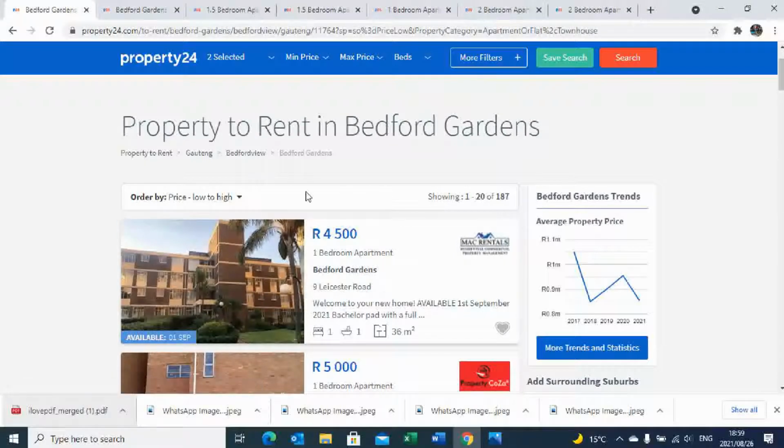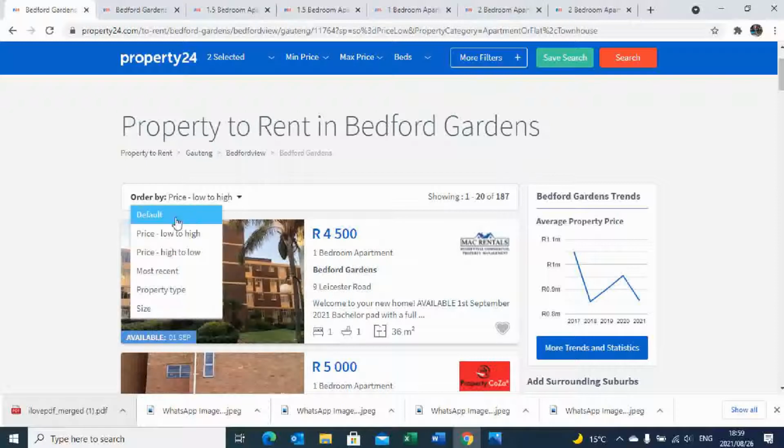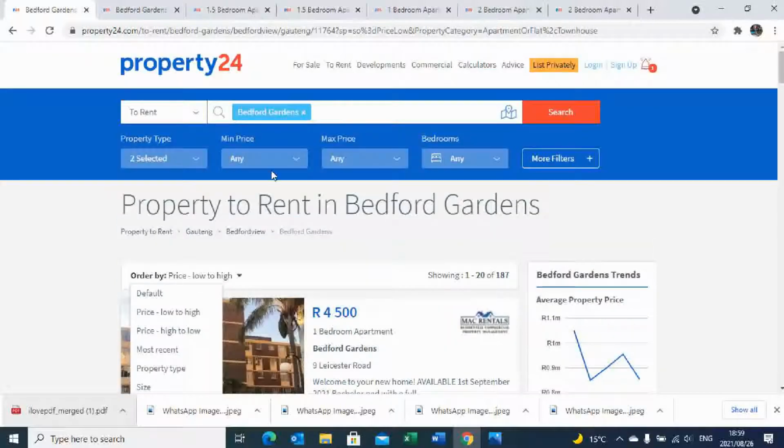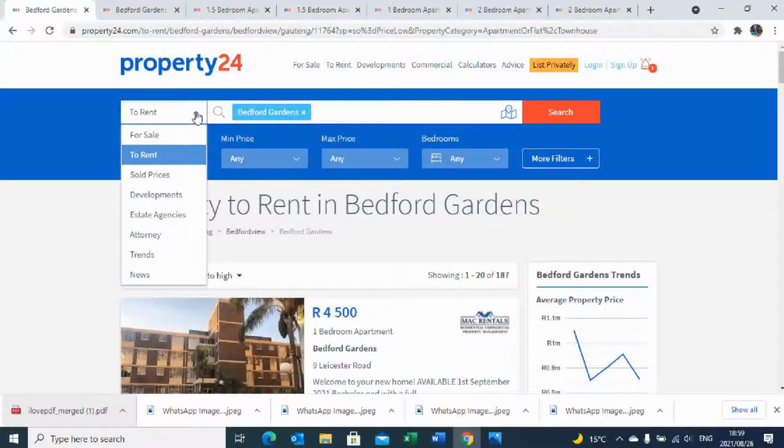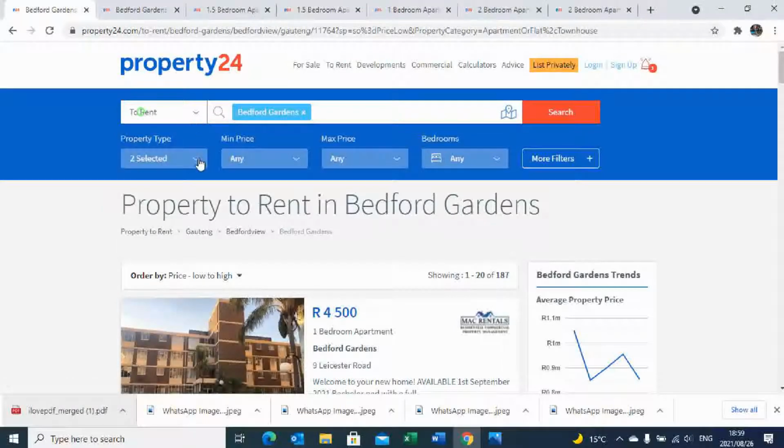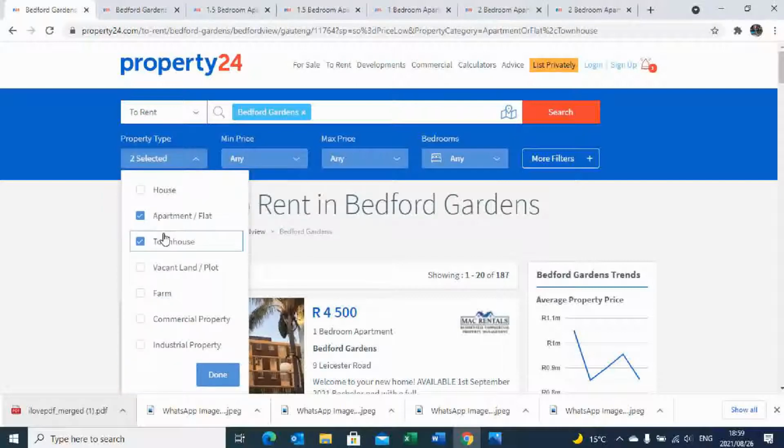Now we go to Bedford View, and then we select low to high. We didn't create any parameters, so we just came here and set it to rent. We didn't go for sale. What are we renting? Apartments or townhouses.